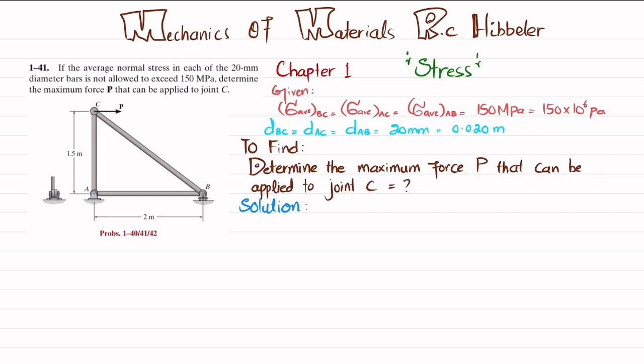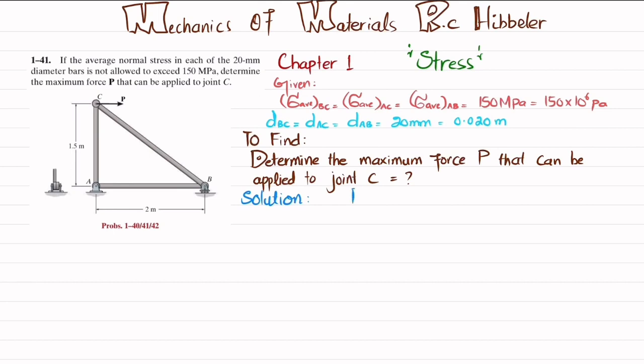From this truss, you can see it is a right angle triangle. So we have to find this angle theta. We know that AC is given as 1.5 meter and AB is given as 2 meter. BC is not known.